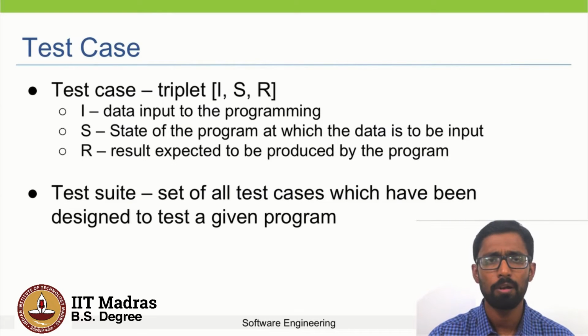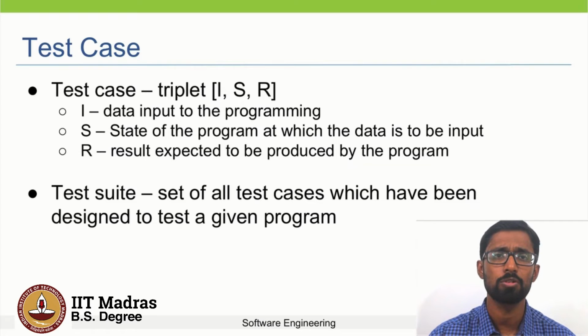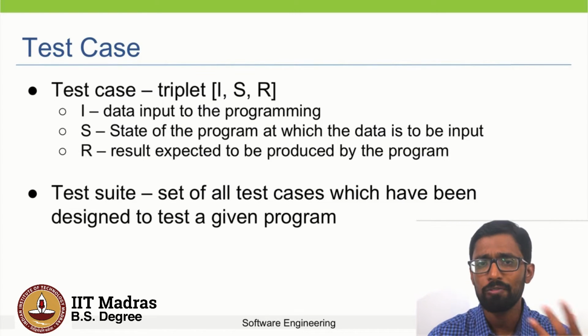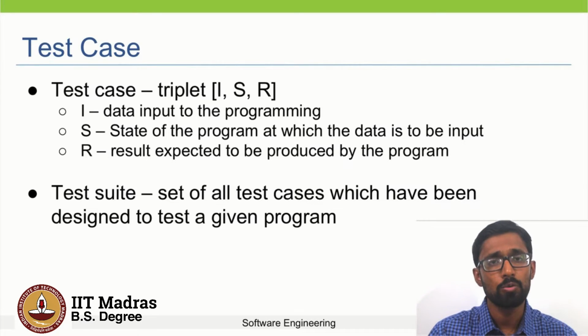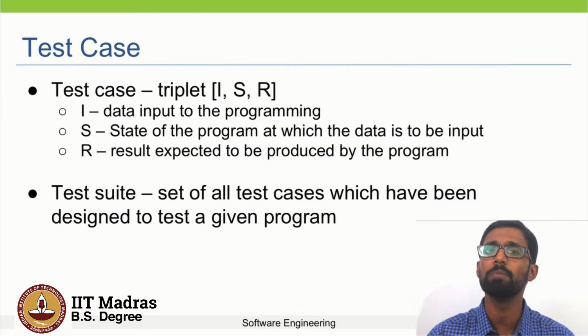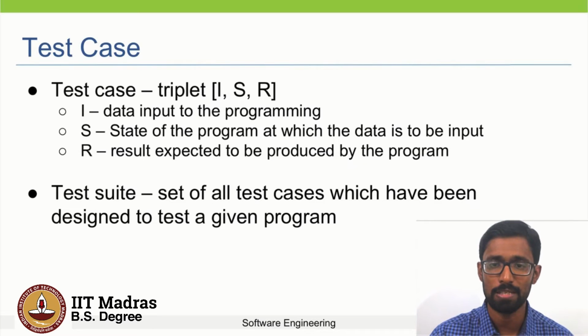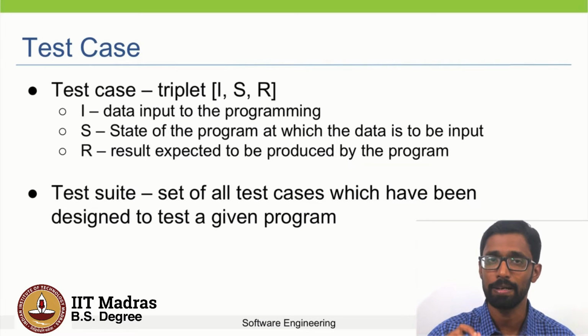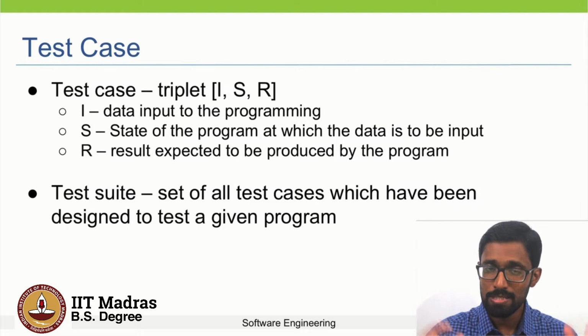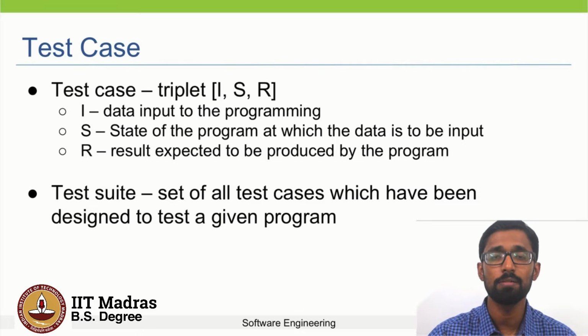For example, in the case of our online seller portal, after login, let's say on the catalog page, the user clicks add item to the catalog and fills all necessary details, and then let's say clicks on add item, right? Now we are trying to test the functionality of this add item. So this is the current state in which the program is in.